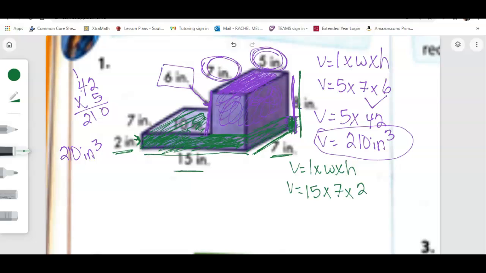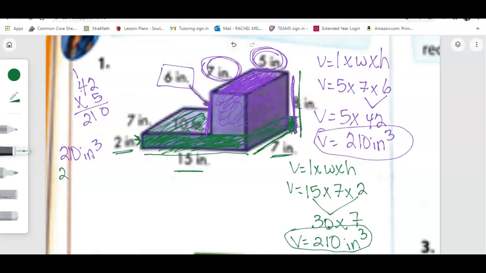Let's see. I know that 15 times 2 is 30. I know that 7 times 3 is 21. And then I take this 0 and place it down. So the volume of this shape is actually also 210 cubic units.